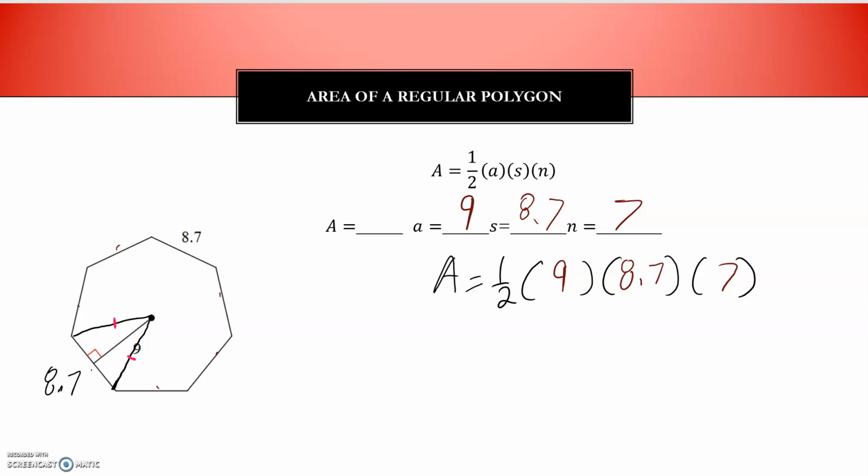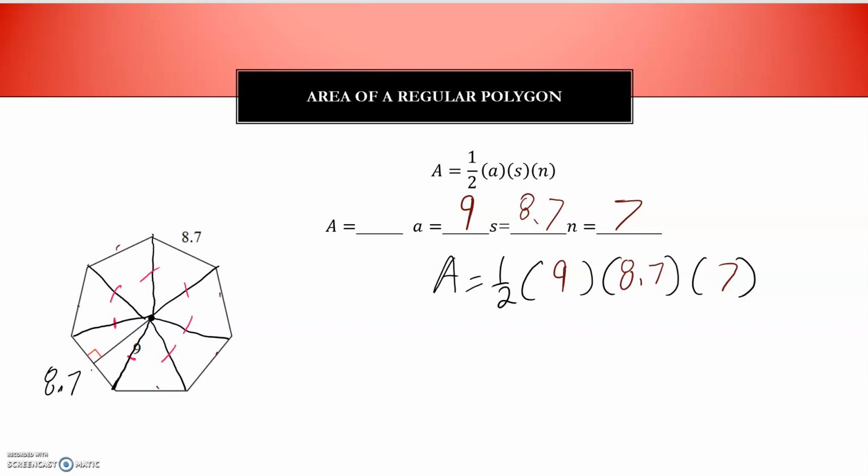And what happens here is if I create all of the possible radii going to the different vertices, I will create a certain number of congruent isosceles triangles. Those are all congruent through side, side, side.